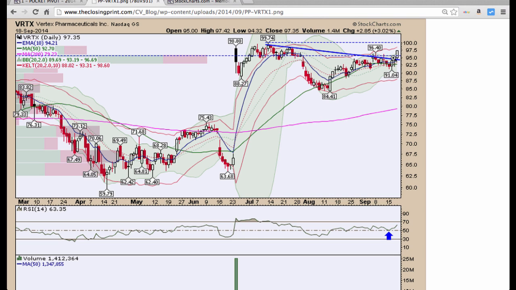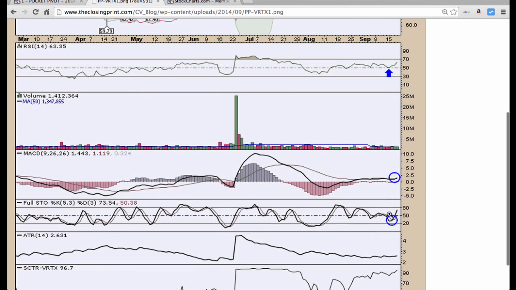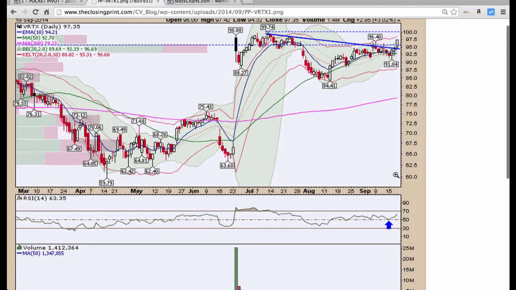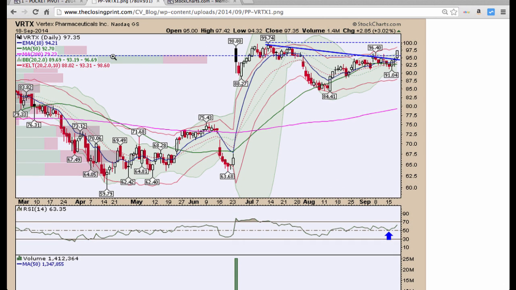We saw Bollinger Bands very narrow. RSI was traveling higher, which we noted here. We saw MACD and stochastics leading MACD. We anticipated that we might see a turn because prices were pushing above this Kirby level here. So that was the 18th that we posted this.